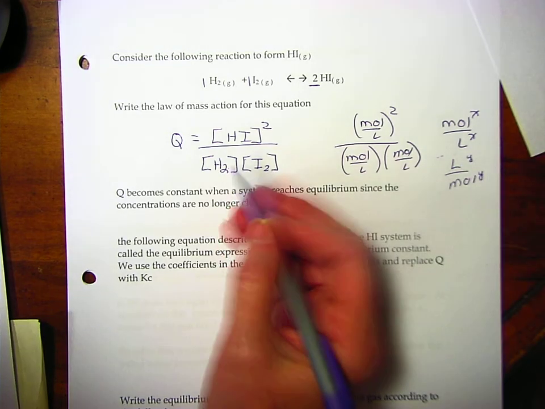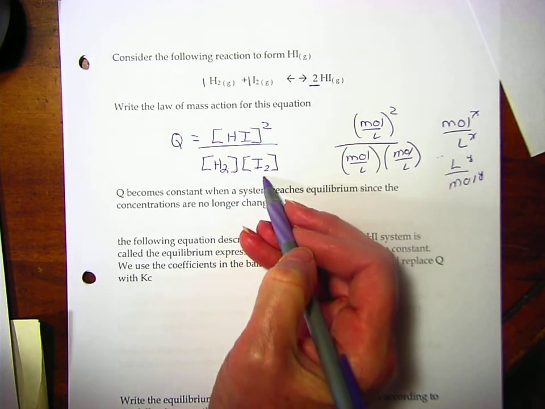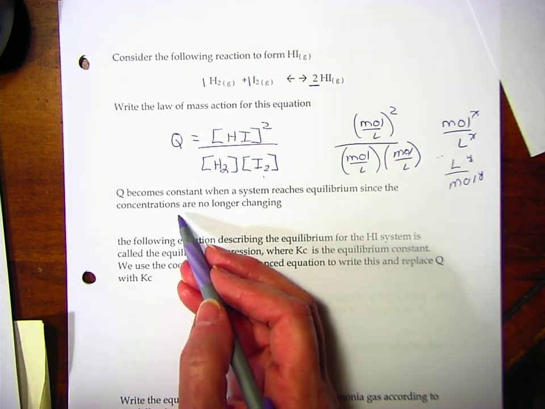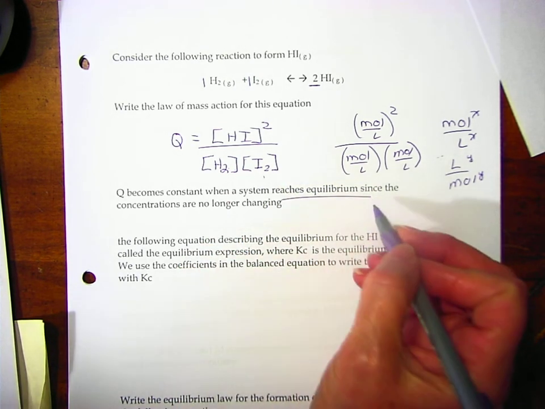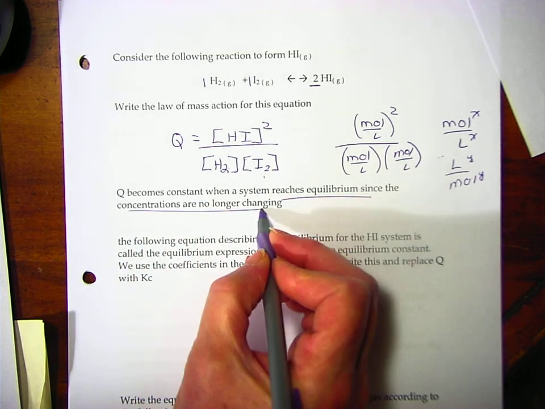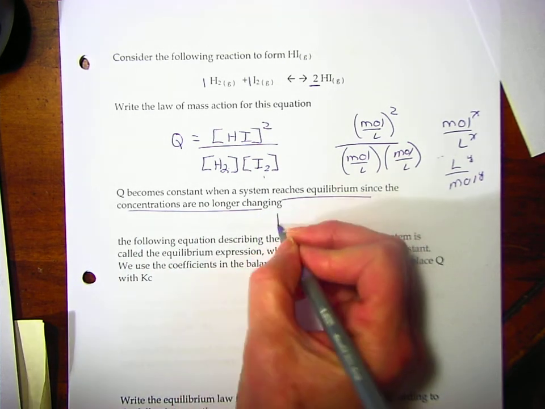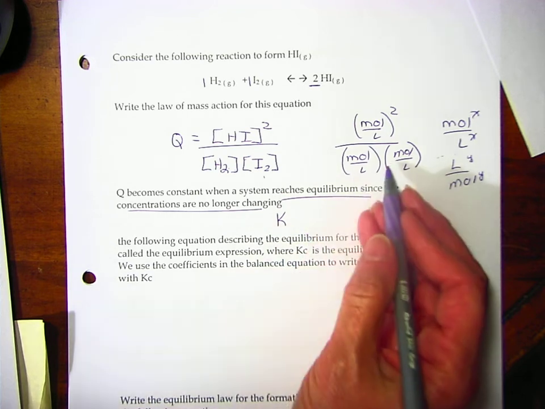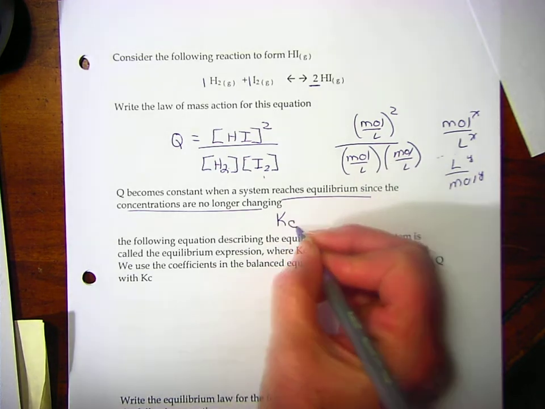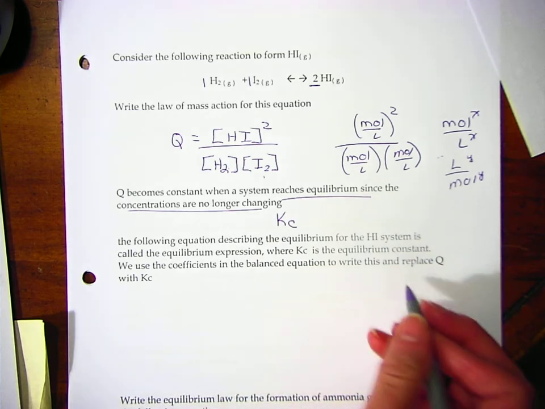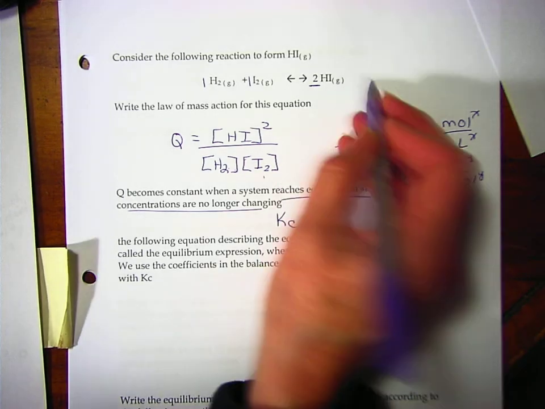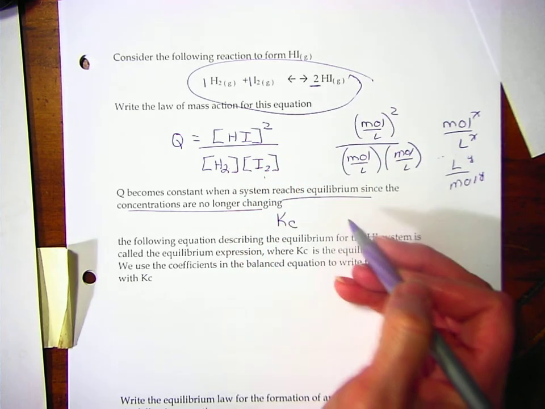Now this Q can change as the concentrations of the products and reactants are changing. Q becomes a constant once we reach equilibrium. And since the concentrations are no longer changing, we just call that constant K. And when we're dealing with concentrations in moles per liter, we call it K sub C. So let's go ahead and look at a situation now where this equation has reached equilibrium.